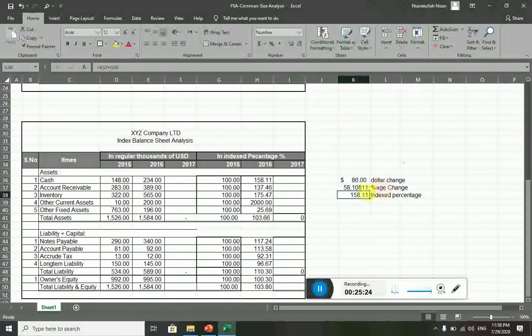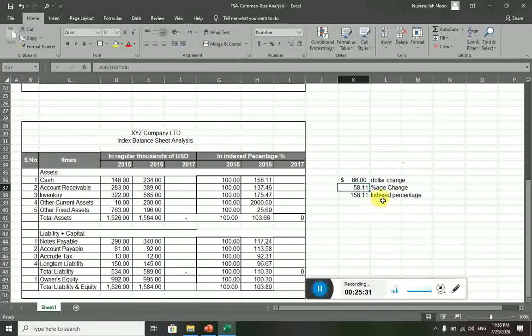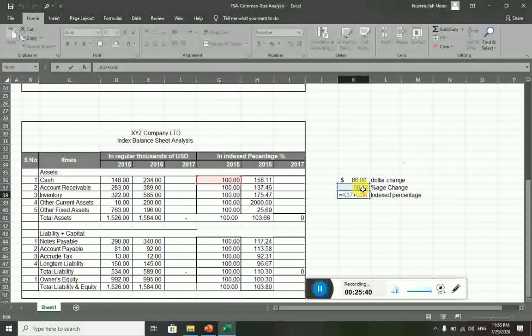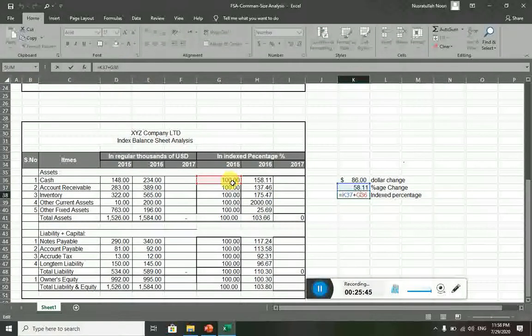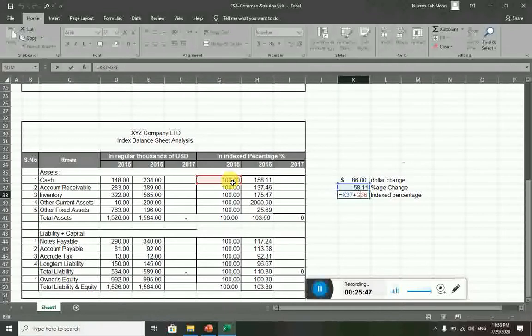I'll get the percentage change, which is 58.11%. Now how will I do it? Well, I show it as an indexed percent. I'll add this percentage to the base year percentage, so I get an index percentage, which is 158.11%.